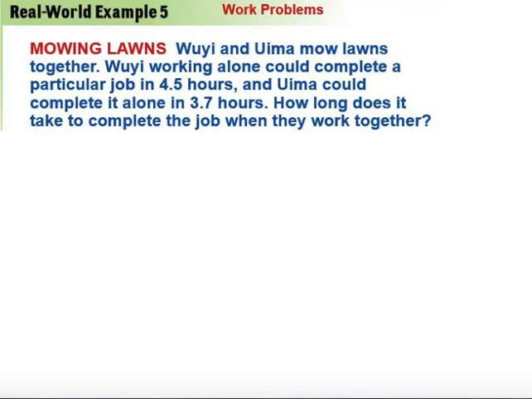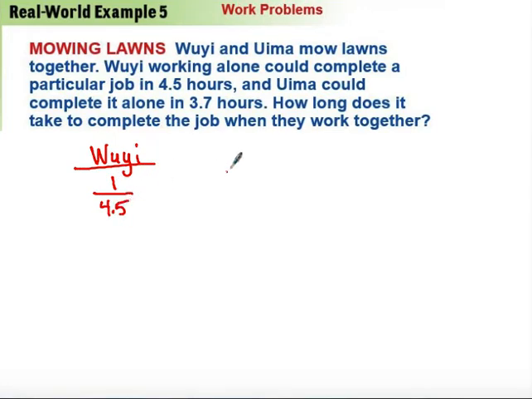So the first person is one job for 4.5. The second is one for 3.7. How long does it take to complete the job when they work together? All right, so let's look at my first person. Their work is one job for 4.5.